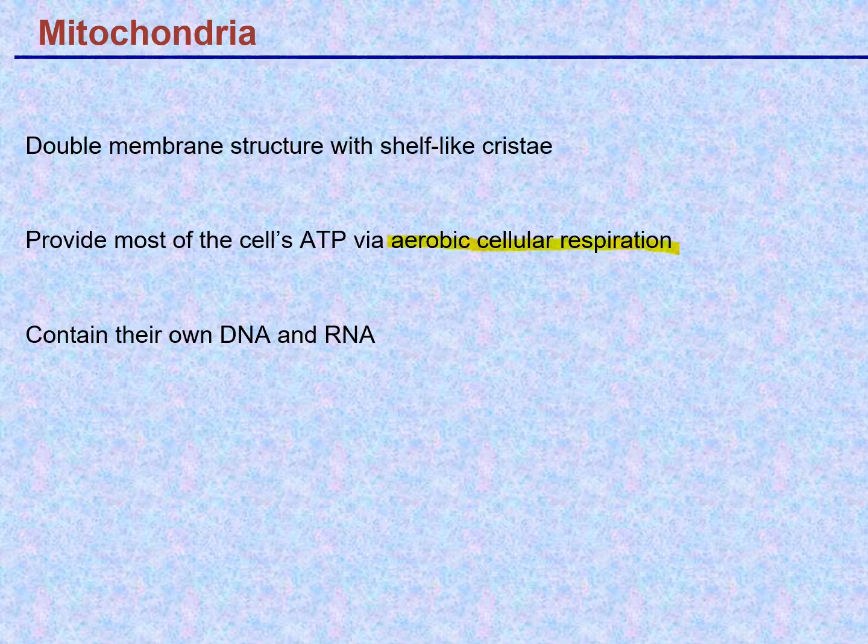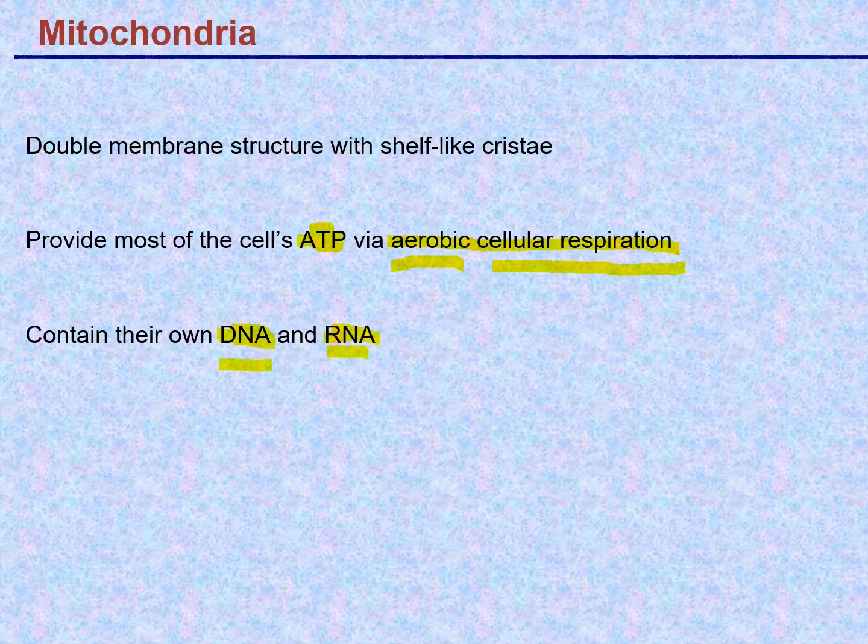Aerobic cellular respiration. Aerobic means it involves oxygen, and it's cellular respiration, a mechanism for generation of energy in the form of ATP. An important point is that mitochondria contain their own DNA and RNA, which is derived from that DNA in terms of the information it contains.